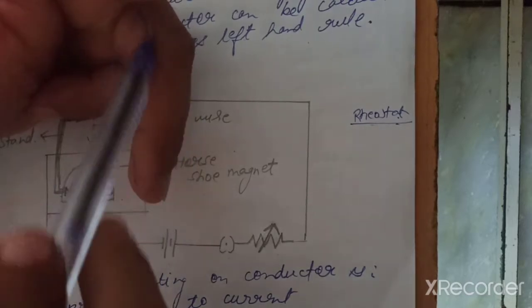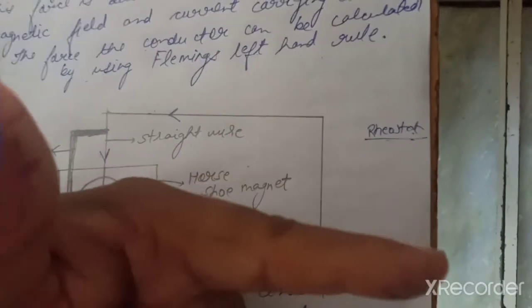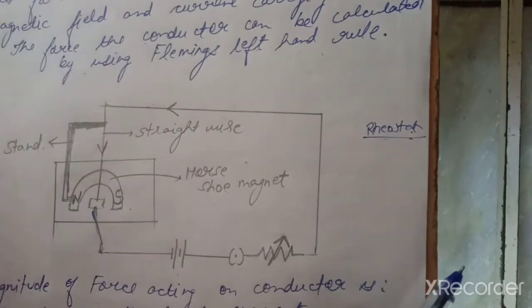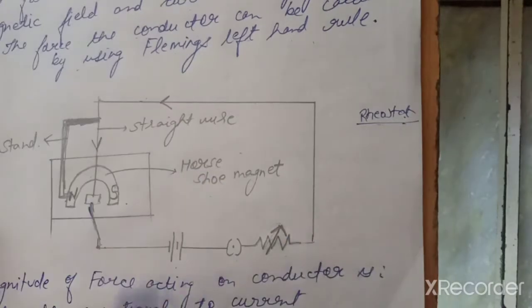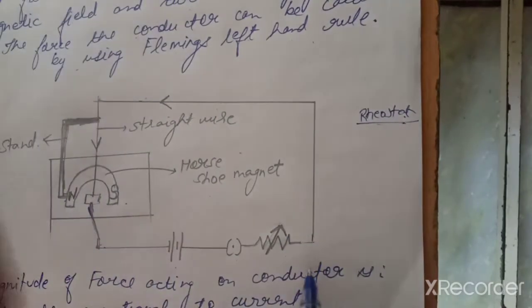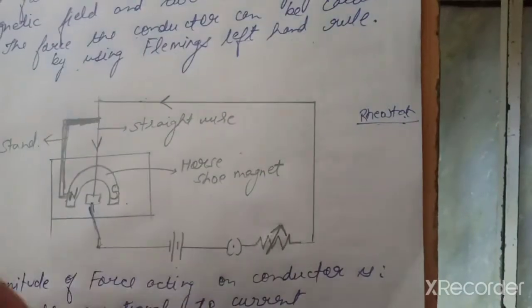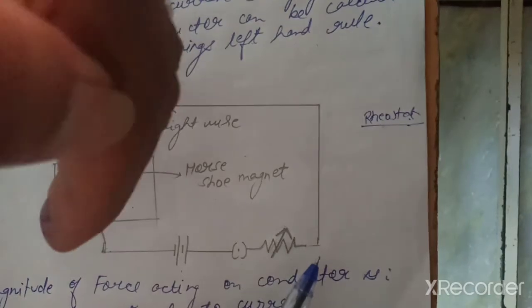So this is the direction of current, this is the direction of the magnetic field, so the force will be experienced in this direction, which means the wire will move in the backward direction, and if reversed it will move in this direction. This is the application of Fleming's left hand rule. Again, you see the direction of magnetic field, the direction of current, and the force experienced, so this wire will move in the backward direction.